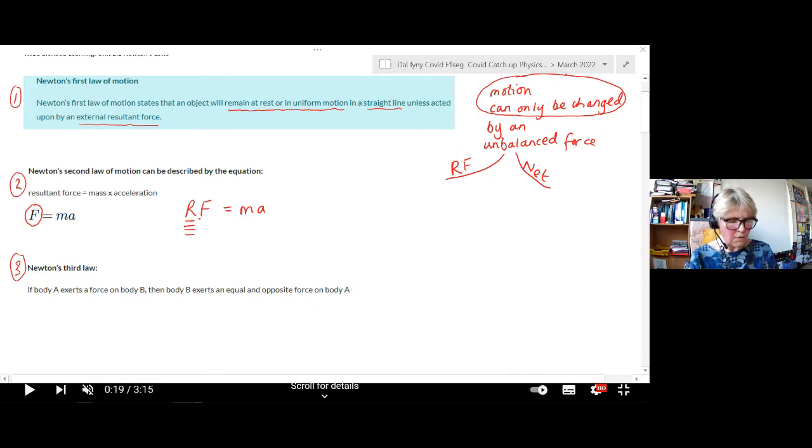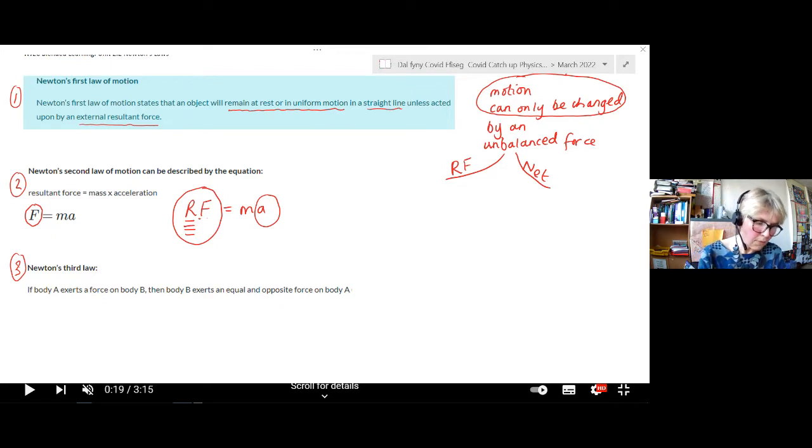You've got to have an unbalanced force, a resultant force, that produces a change in motion to give you an acceleration. So you can see we've got an equation there, and that is a much easier way of remembering Newton's second law than it is to remember Newton's first law. If you can remember F equals ma, then you can put that equation into word form for your first law.